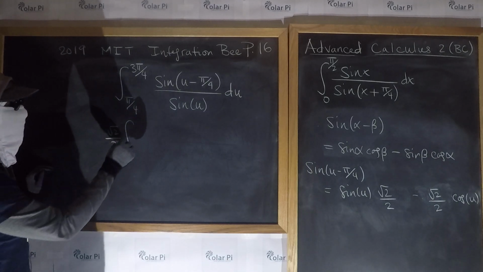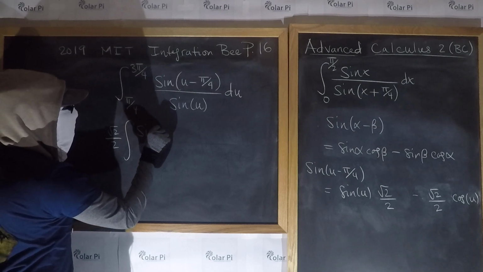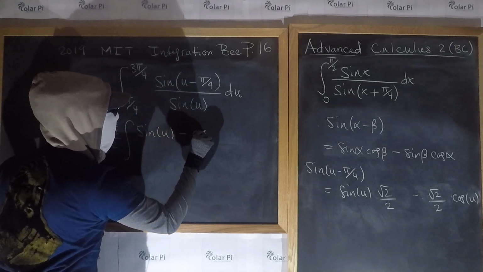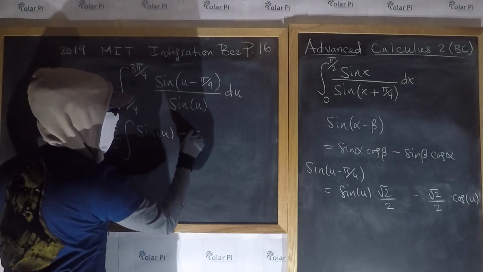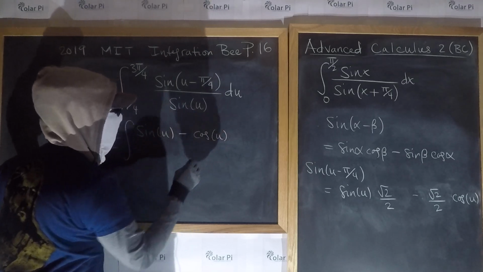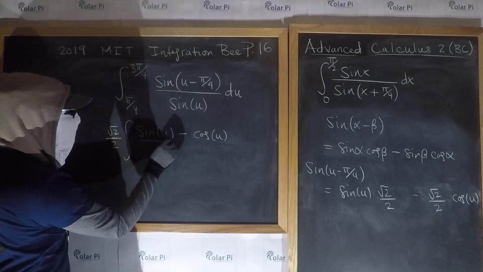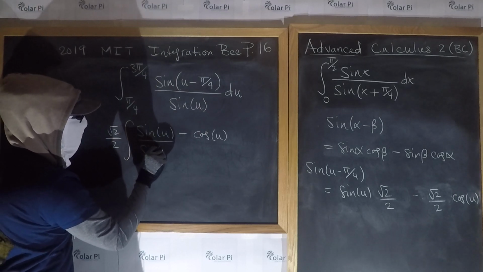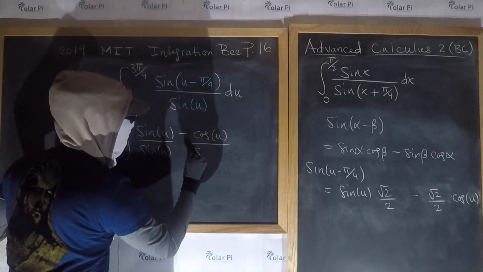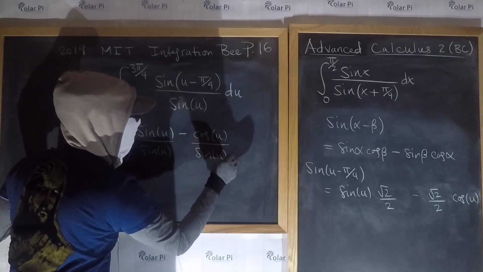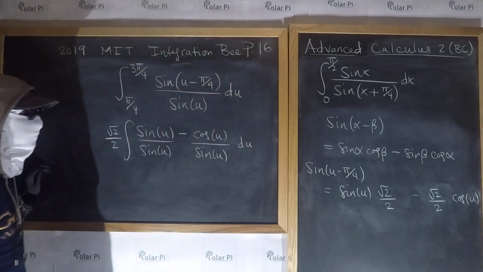So in the numerator, then it will be sine u minus cos u, right? All of this divided by sine u, but I could just give individual denominators, sine u here, sine u, right? And of course, du, right?